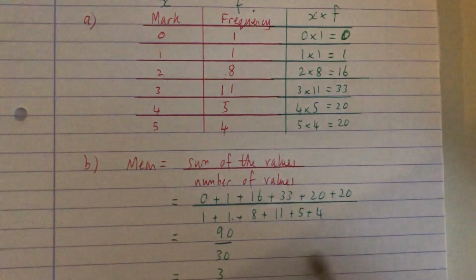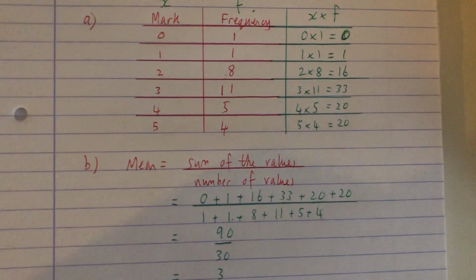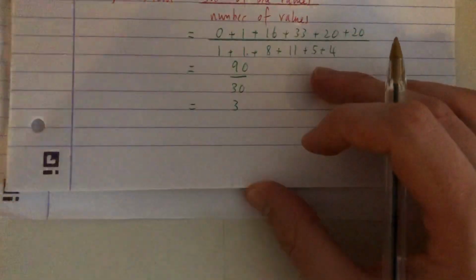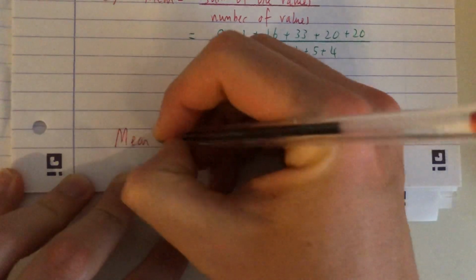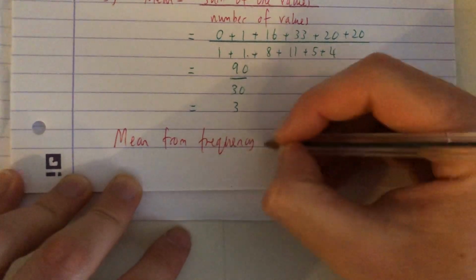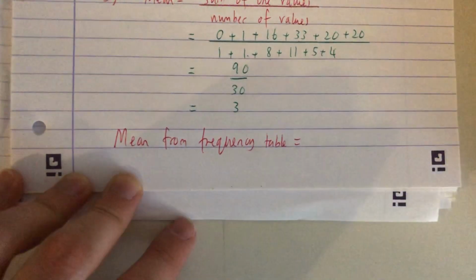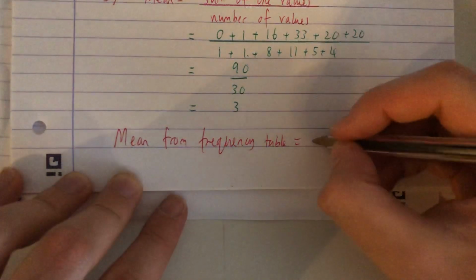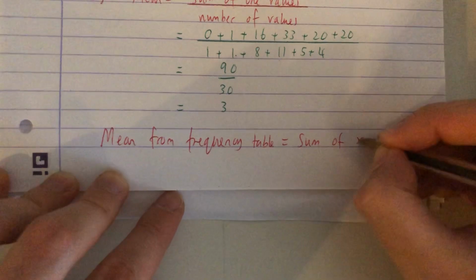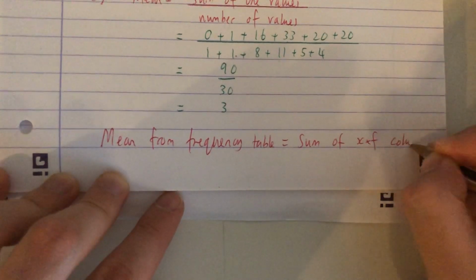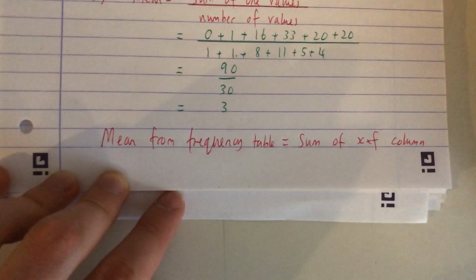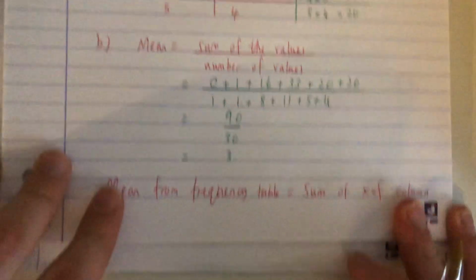And then that allows me to write a slightly different version of this formula. So the mean from a frequency table is equal to the sum of the X times F column over the number of values, which, remember how we worked out that number of values?